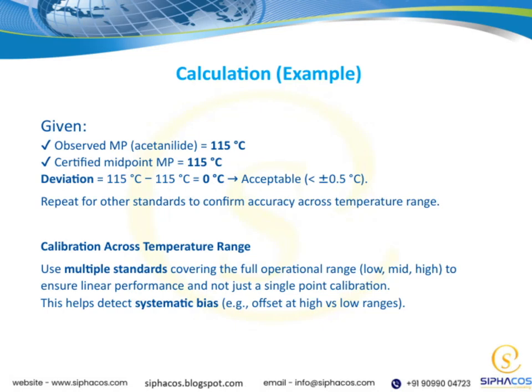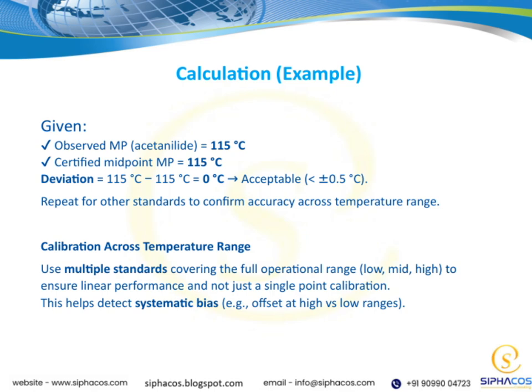Let's walk through this calculation example. We start with the observed melting point for acetanilide, which is 115 degrees Celsius. We compare this to the certified midpoint melting point, also 115 degrees Celsius. The deviation here is simply the difference between these two numbers, so 115 minus 115, which equals 0.